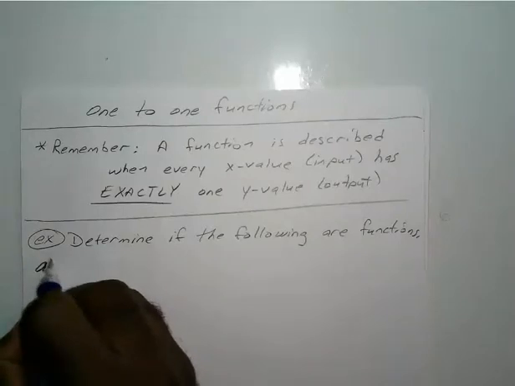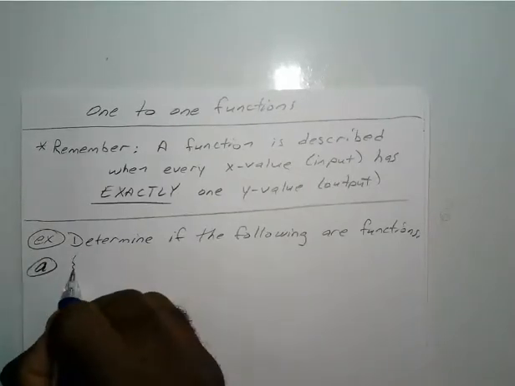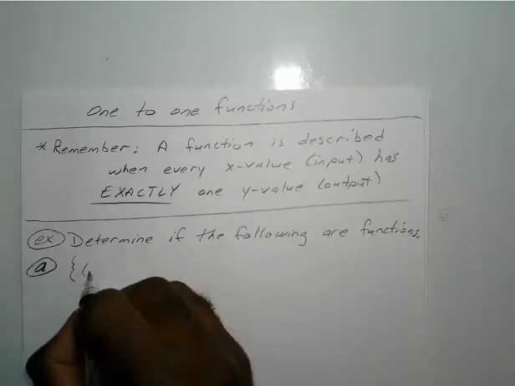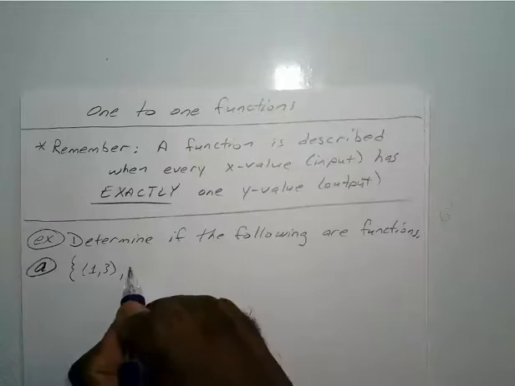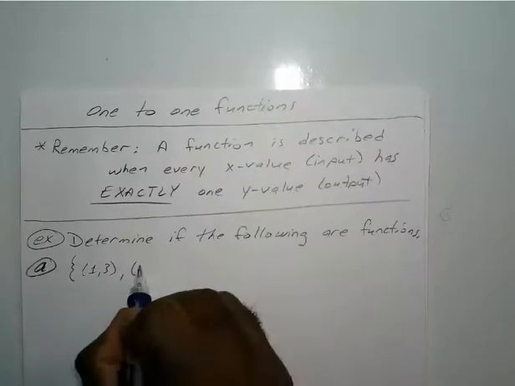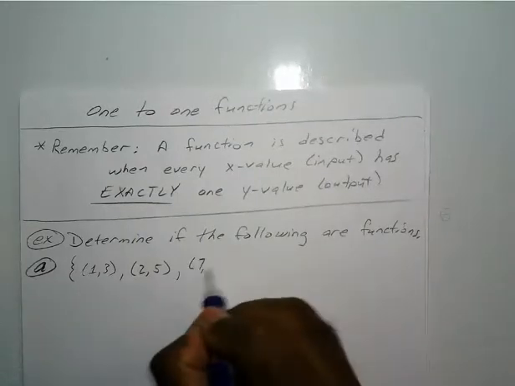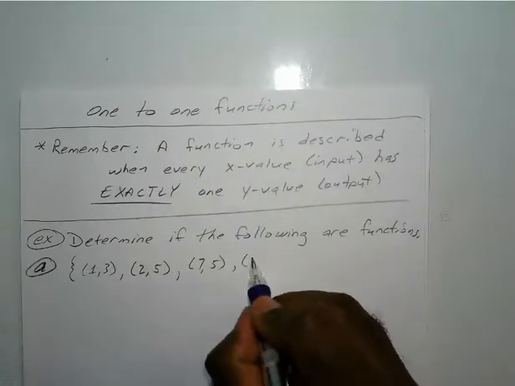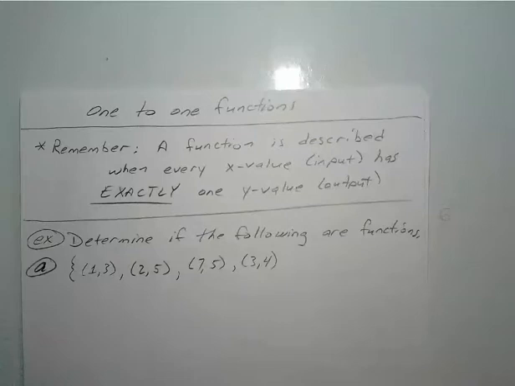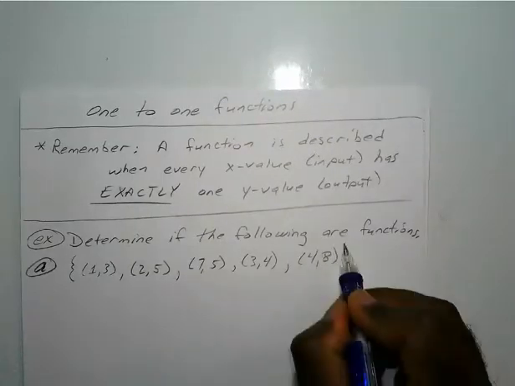For problem A, you have the set of ordered pairs: 1, 3; 2, 5; 7, 5; 3, 4; and 4, 8.